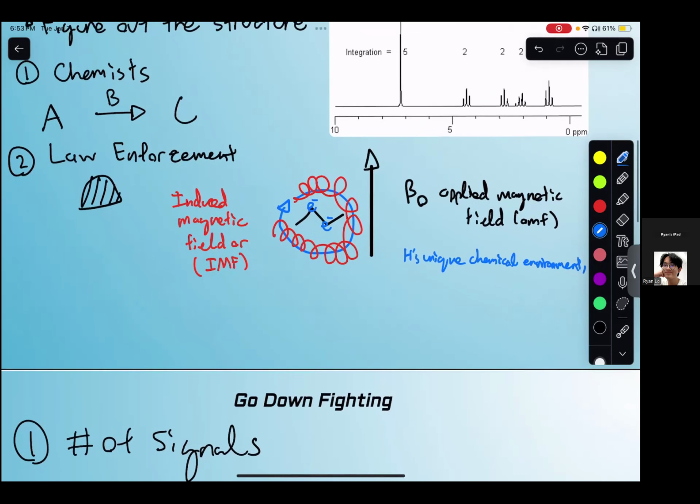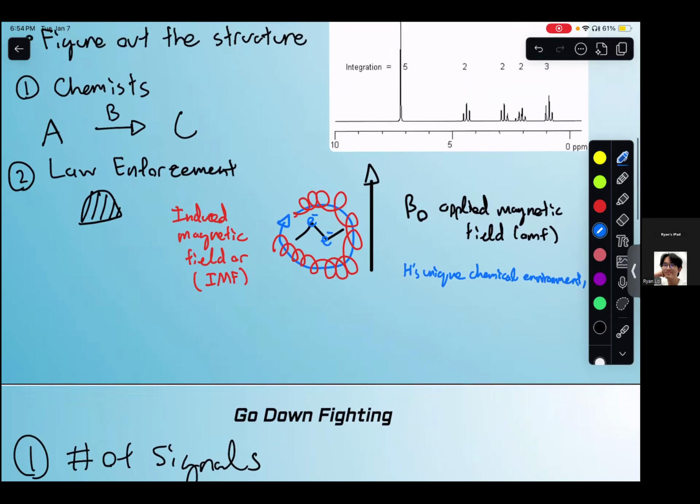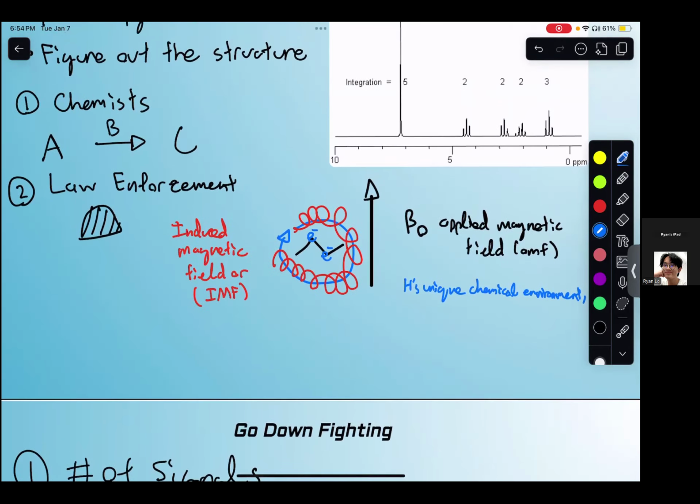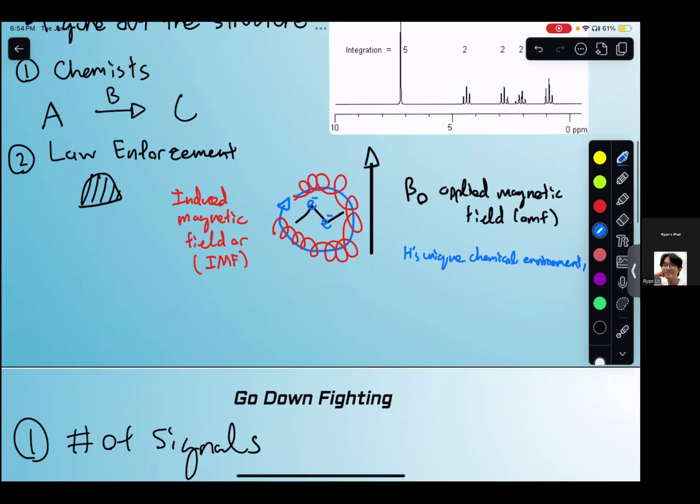Due to the unique chemical environment, those hydrogens are going to be exposed to various points of the applied magnetic field, and the unique chemical environments will affect the way they react to the applied magnetic field.